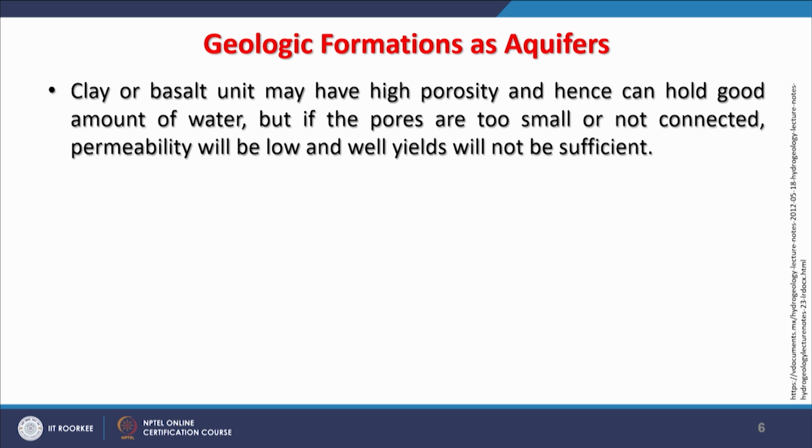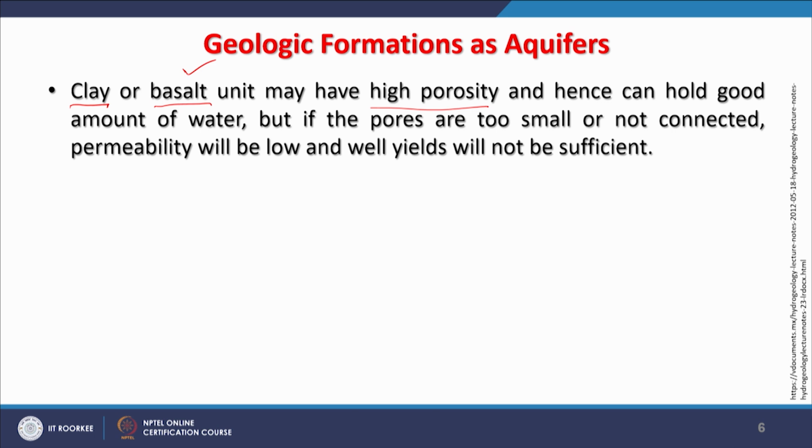Anyway, now materials like clay, or basalt, which is of course igneous, a unit may have high porosity. Why basalt? Because basalt has vesicles. Sometimes these vesicles are filled by secondary minerals, maybe quartz, calcite, amethyst and other minerals, but sometimes these vesicles are not filled.